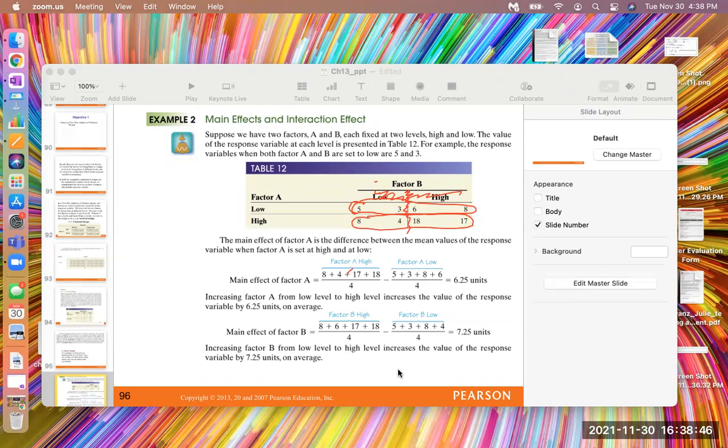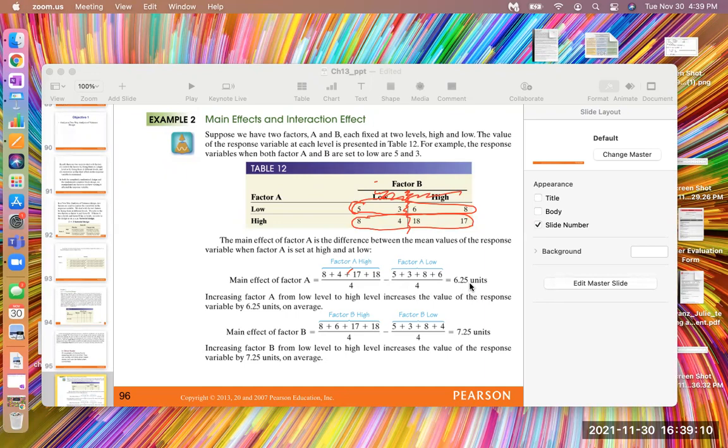And they call this the main effect of A, because if we ignore B completely and look at the response variable for a high level of A compared to a low level of A, then we subtract the average for the low level of A from the average for the high level of A, and this is 6.25 units.